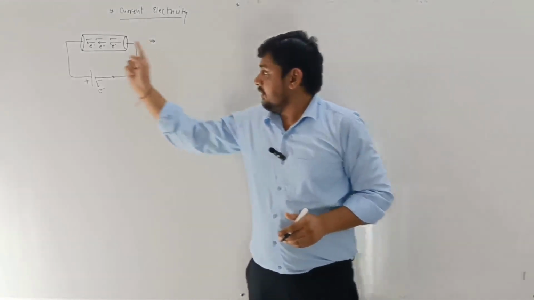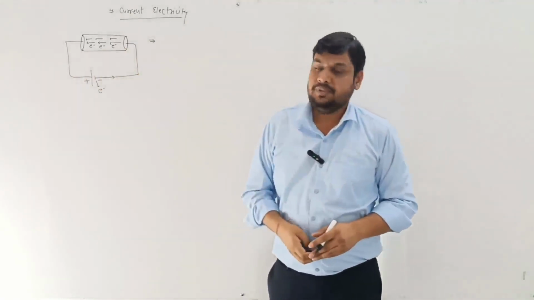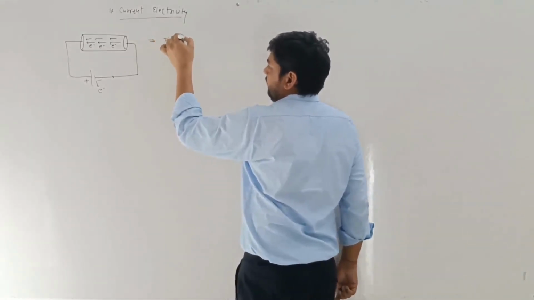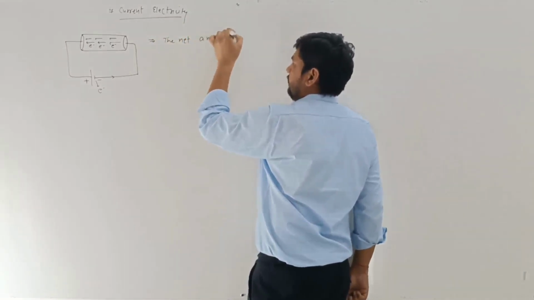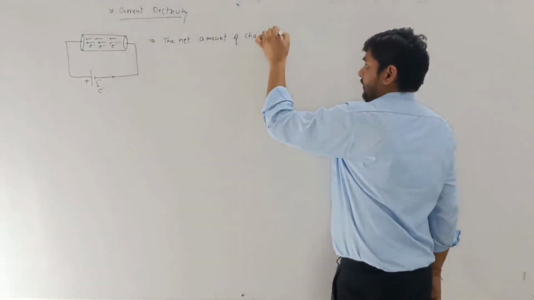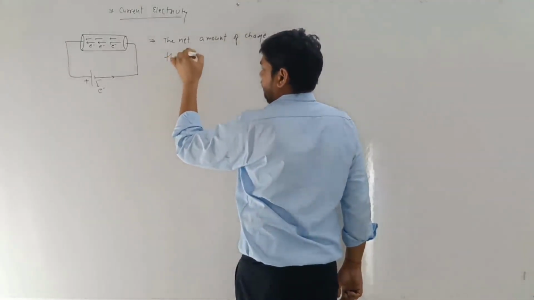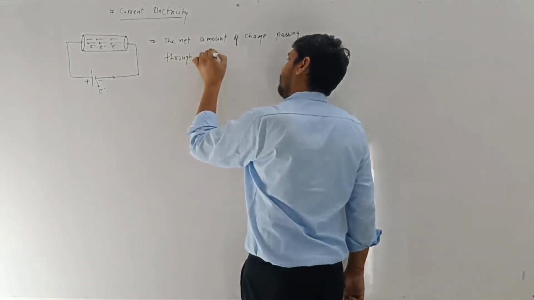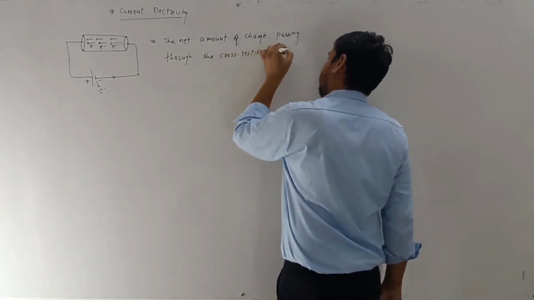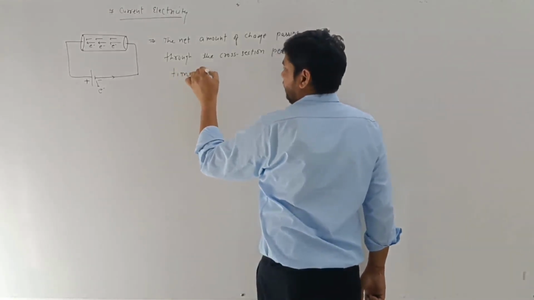The net amount of charge passing through this cross-section area per unit time is known as electric current.